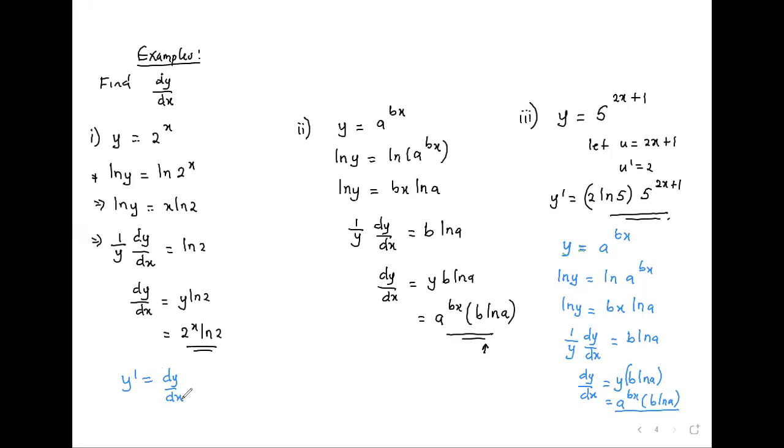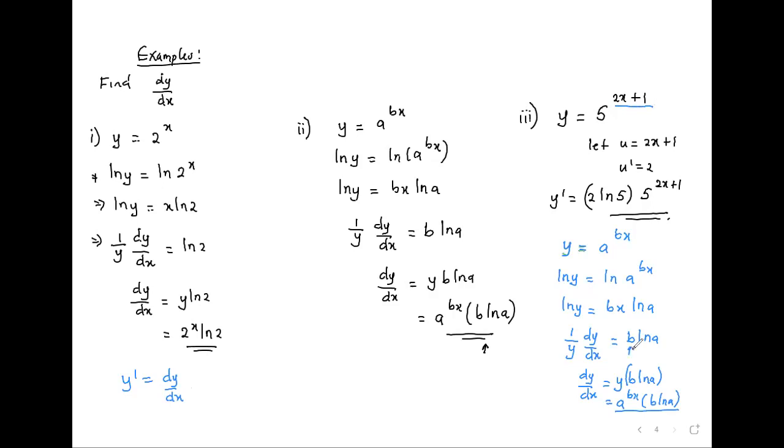Sir, I'm kindly asking if you can explain the last part of the third example, how we arrived at 2 ln 5. So what did we do? We differentiated the power, looking for the b.